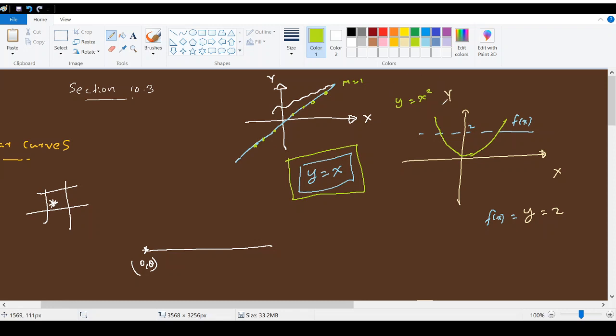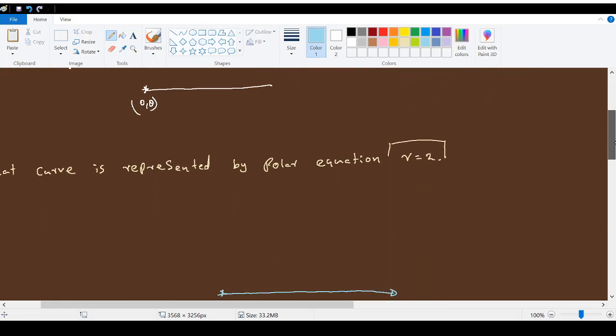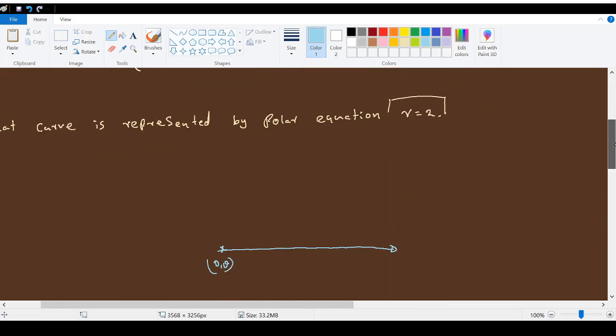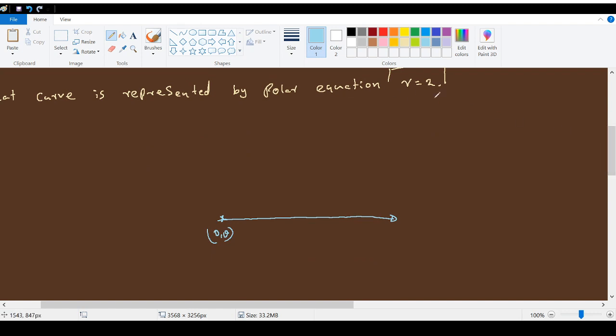So what's the relationship between this curve and the equation? If we choose any point on this curve, then the x and y coordinates of this point will satisfy this equation, right? So that's the relationship between the point, the equation and the curve. The same behavior should be there here as well.